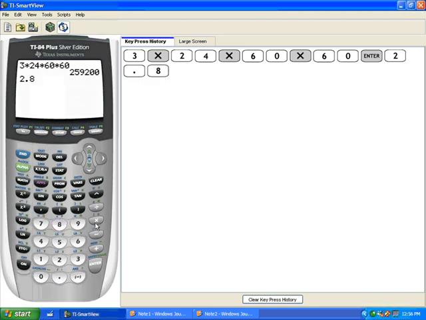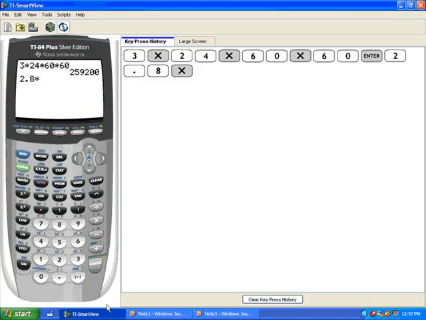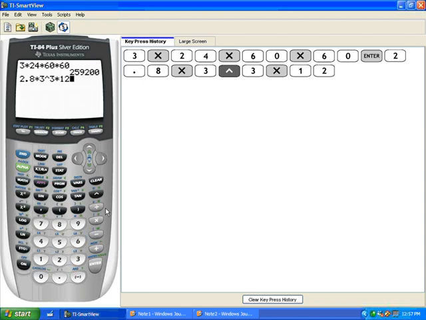We'll take the 2.8 times, and remember we had 3 there 3 times and a 12 there 3 times, so we'll say times 3 to the power 3, and times 12 to the power 3, and the result we get is 130,636.8.